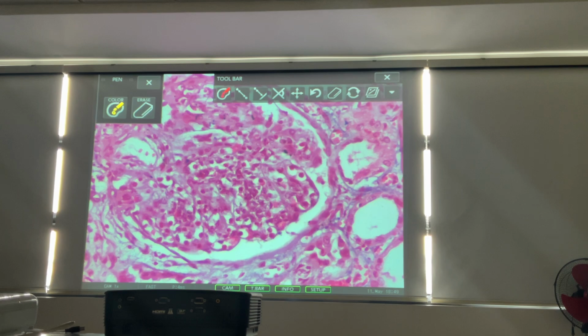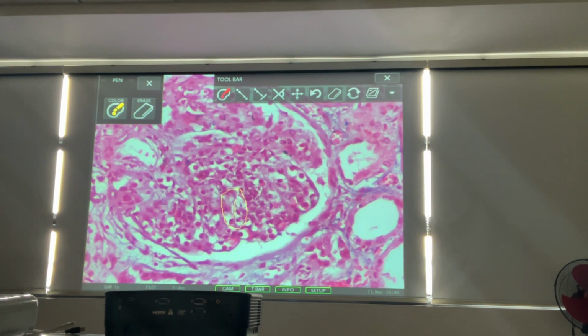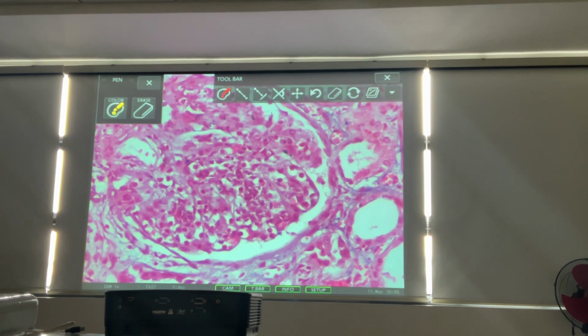If you look at this area, notice this very, very thin line. That's how thin the basement membrane is, like strands over here. It's just that the capillary vessels are so open that you might have the impression that those are typical wire loop lesions.